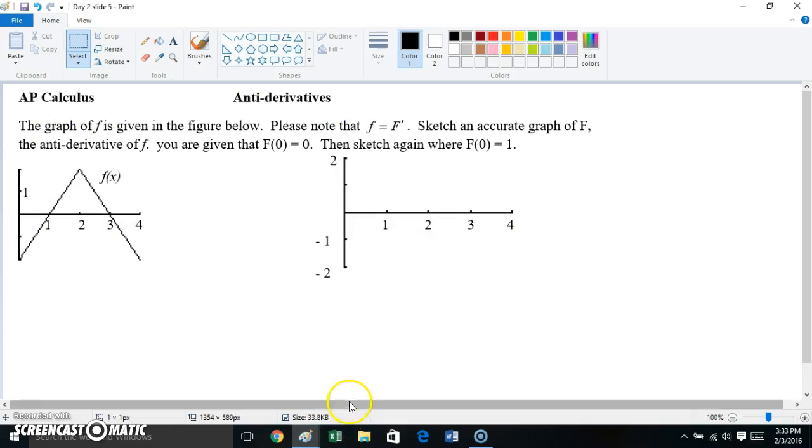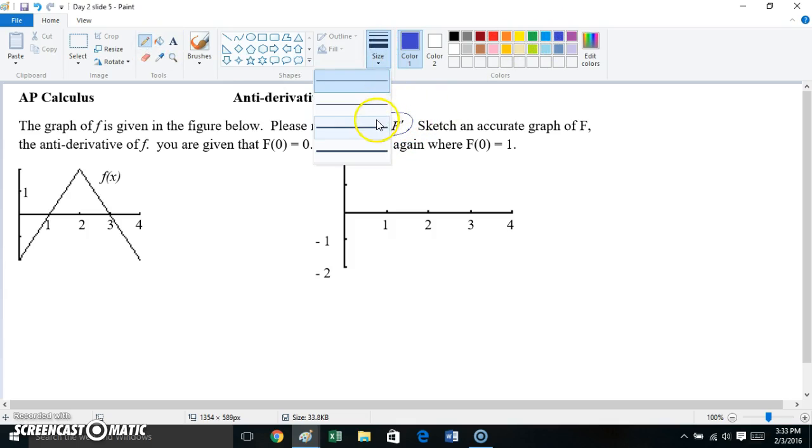All right, in the next examples, we're looking at the graph of f here on the left, and we're going to note that f is equal to f prime. So we're supposed to sketch an accurate graph of the function F, which is the antiderivative of the function little f. You are also given that F of 0 is 0. So already we know the starting location for this function.